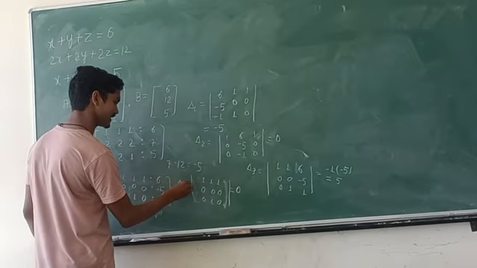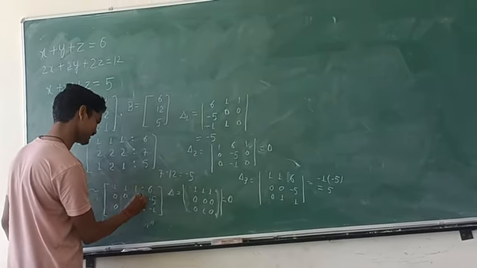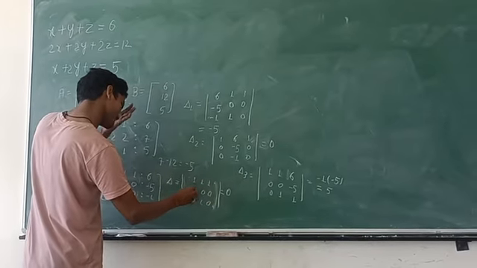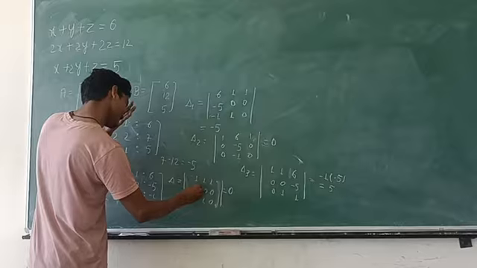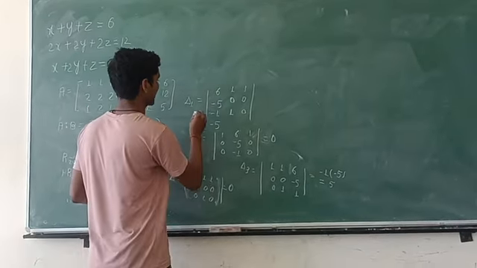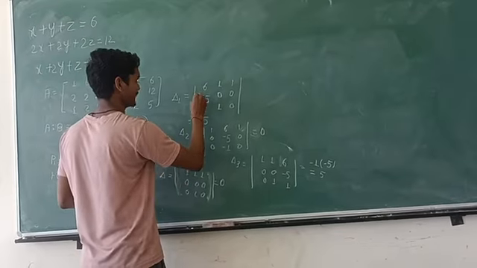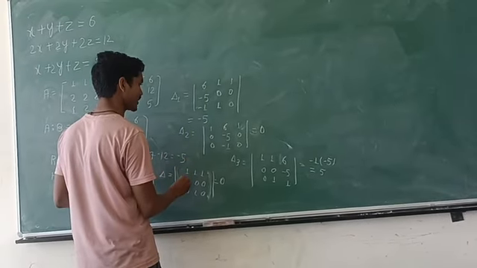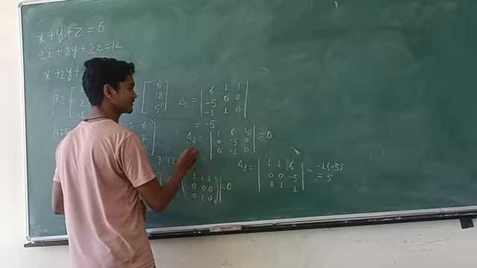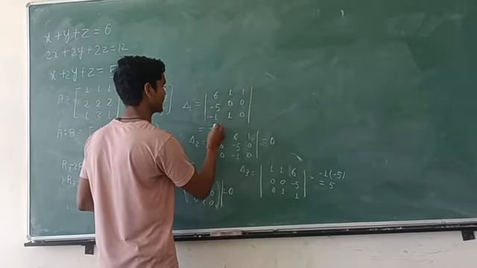Here delta is 0 because every element of the second row is 0. Delta 1, replacing the first column with this column matrix, is minus 5.